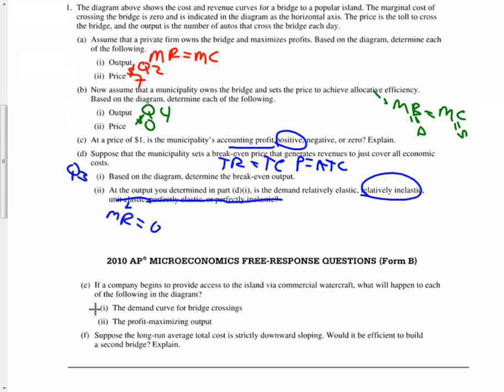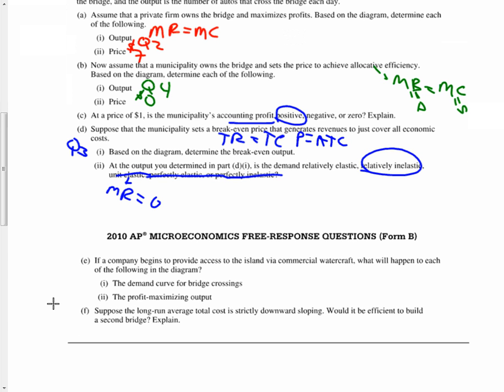There are two other questions here, part E and part F. If a company begins to provide access to the island via commercial watercraft, what will happen to each of the following in the diagram? The demand curve for bridge crossings. Well, we have to kind of assume that the commercial watercraft is a substitute for crossing the bridge.